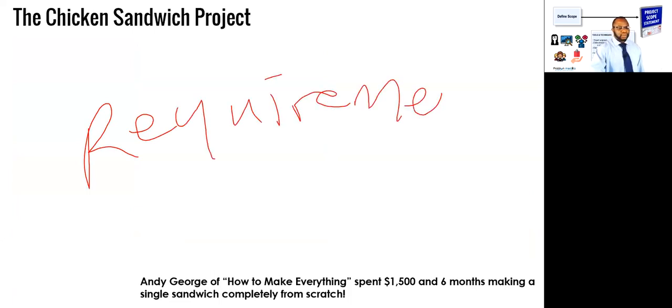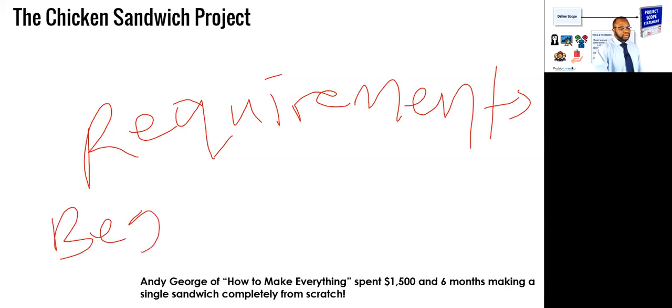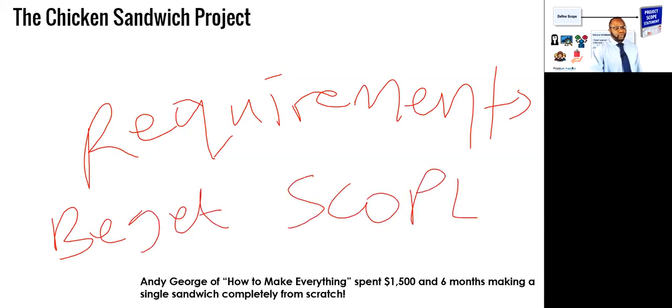Requirements beget scope. In other words, requirements give birth to scope. I'm just recovering from a very long project. The amount of scope that was generated as a result of requirements was mind-boggling.